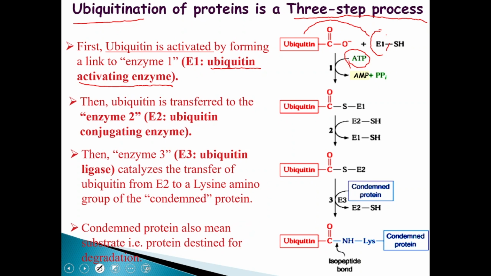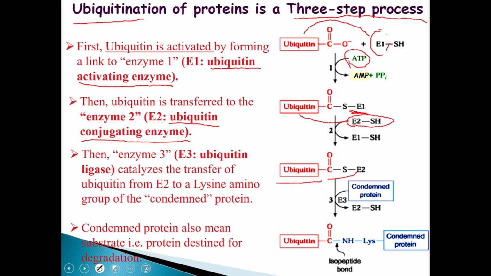What is the name of the enzyme? Ubiquitin activating enzyme. You should know the name. Now once ubiquitin is attached to the first enzyme, the second enzyme becomes active, which is called the ubiquitin conjugating enzyme, E2. It takes ubiquitin from E1. As you see, earlier it was on E1, now ubiquitin got transferred to the E2 enzyme. And what is the E2 enzyme? Ubiquitin conjugating enzyme.